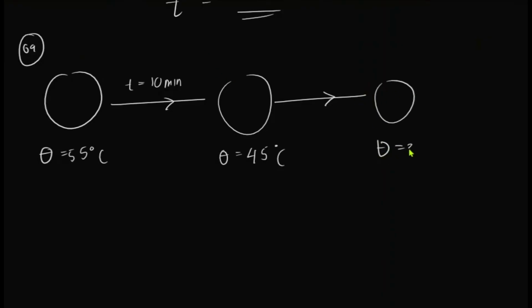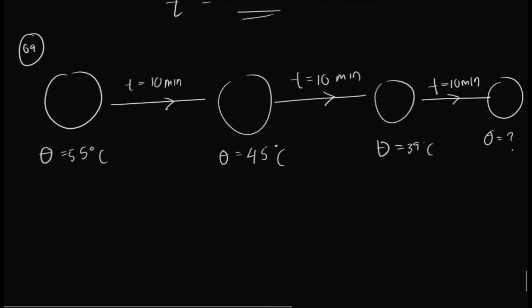We need to find what the temperature will be after another 10 minutes. So actually there are three cooling processes: this is the first cooling process, this to this is the second, and this is the third.